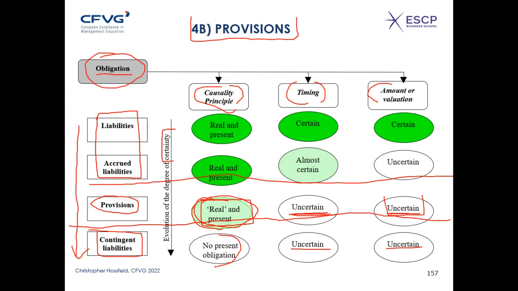Therefore, contingent liabilities are not recorded on the balance sheet. They may be recorded in the notes to the financial statements if it is important to know, because it may be an important litigation that I think I will win, but if I lose, it could have dramatic consequences. And therefore, I inform people about this in the notes.